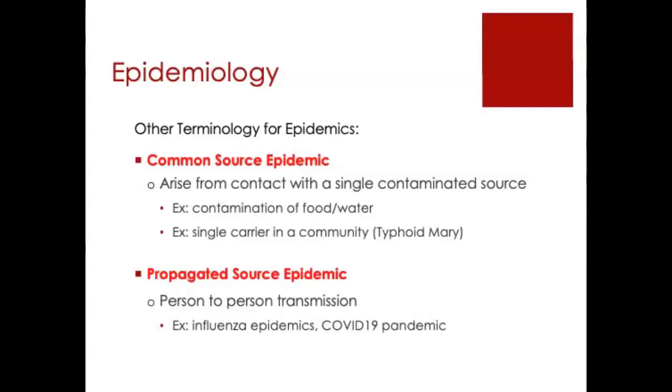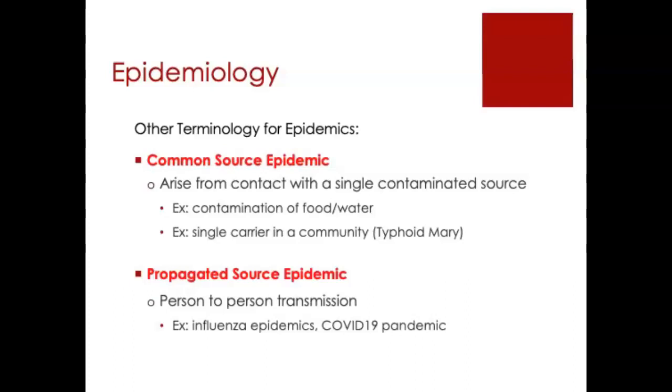A good example of this type of epidemic would be if a commonly accessed food source or a commonly accessed water source became contaminated with a pathogen. All of the people who then consumed that food or consumed that water could then become infected from that one common source.